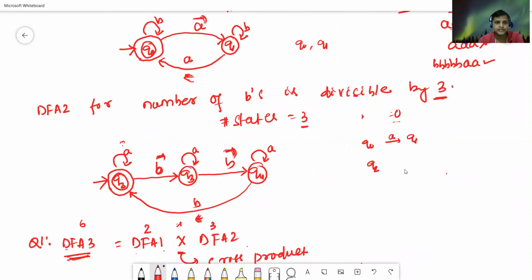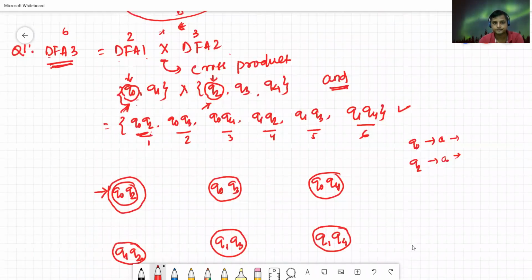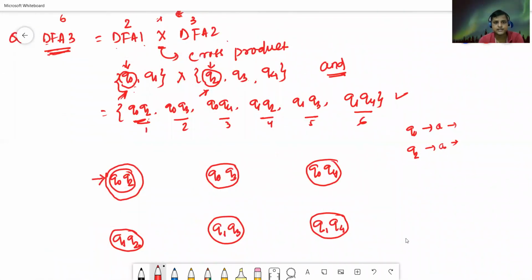Similarly, Q2 reads A, goes to Q2. So Q0, Q2 reads A, goes to Q1, Q2.